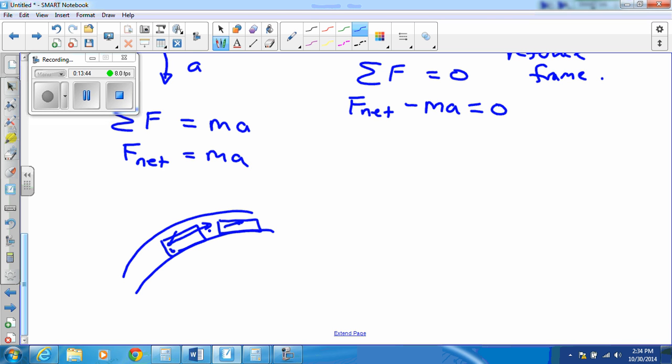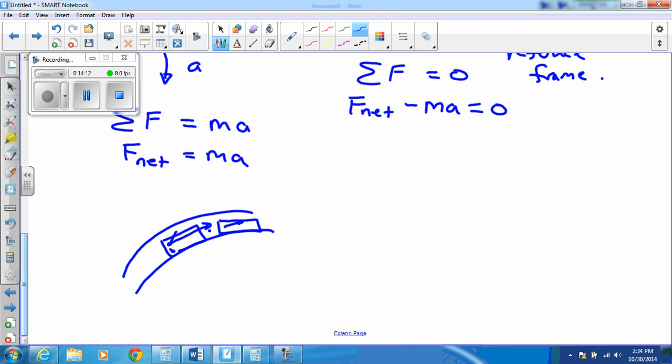Simply by virtue of going straight, he has ended up to the left of where the car is. The car has turned out from under him. So it's a matter of reference frame. From outside, from the inertial reference frame, we look and we say the passenger just tries to go straight and the car turns. From inside the reference frame, we say the passenger slides to the left inside the car.